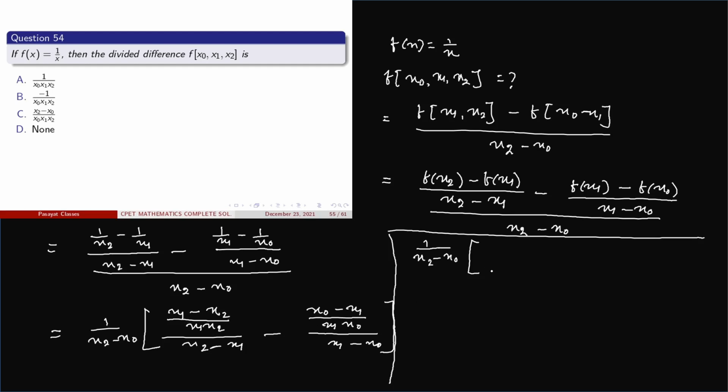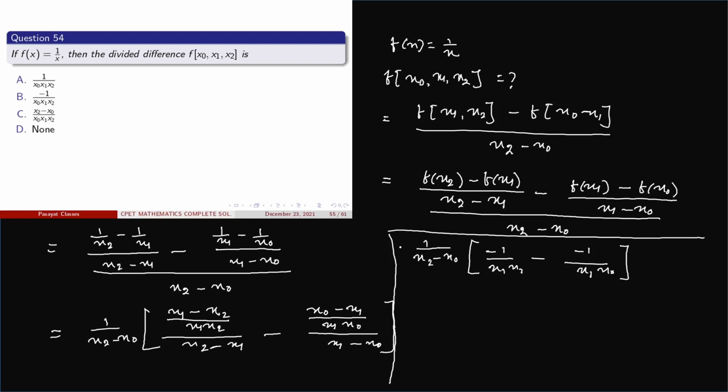So on cancelling, we get minus 1 divided by x1 x2, minus, minus 1 divided by, similarly, x0 minus x1 is the negative of x1 minus x0. So by cancelling this and this, we get minus 1 by x1 x0. Clear?